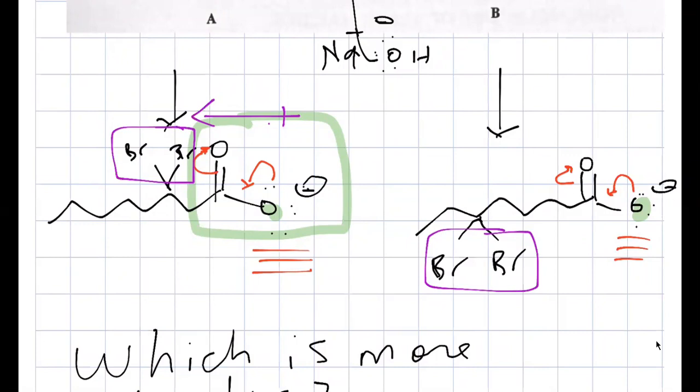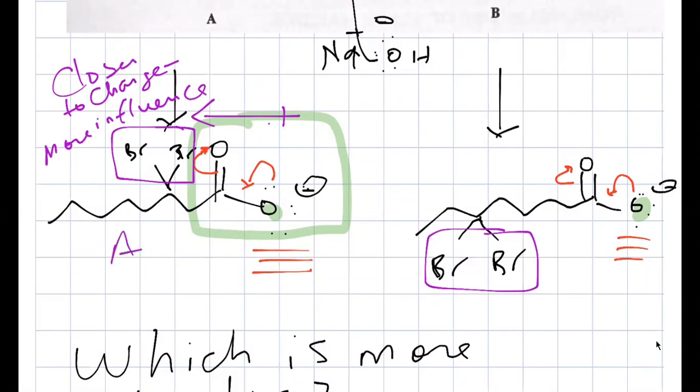Can you do that on the other side? It's too far away, right? So which charge do you think is going to be more stabilized? The first one, right? A is going to be more stable because of induction.